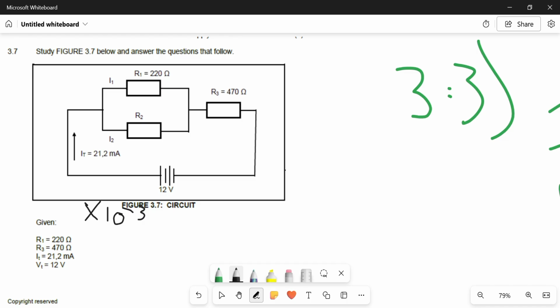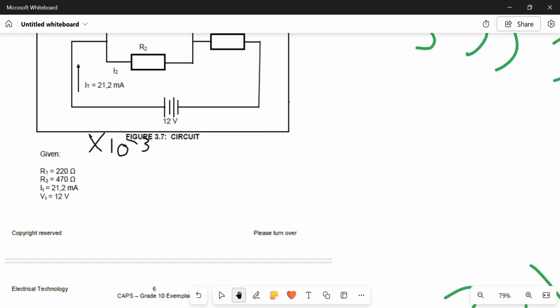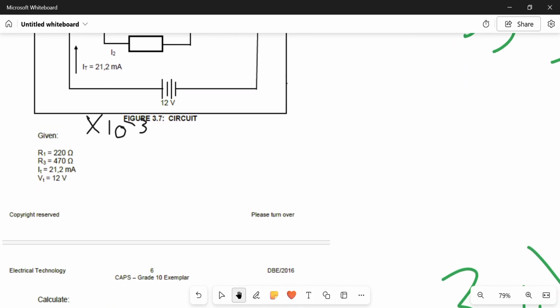So we will substitute it as it is. It will be 21,2 times 10 to the power negative 3 in our calculations. Okay, we have the total voltage V, and that's all that we have.